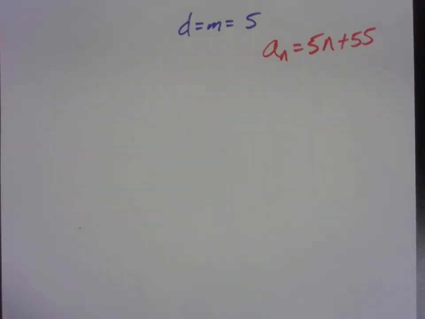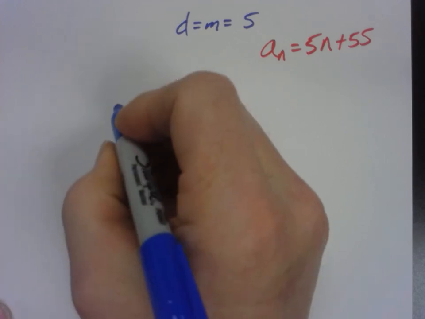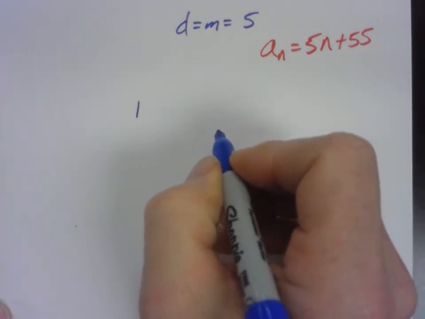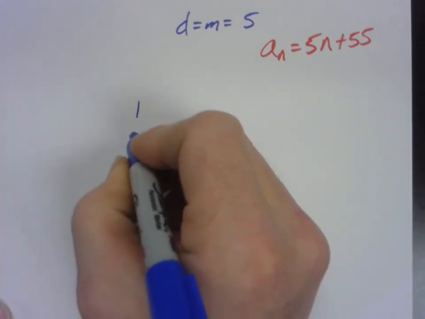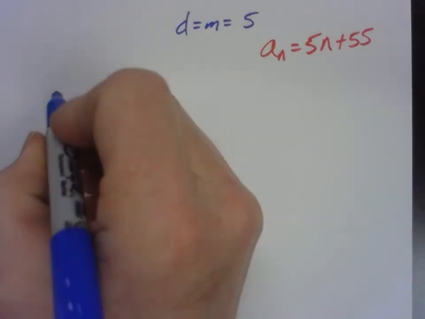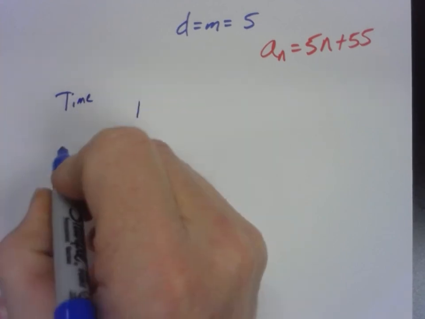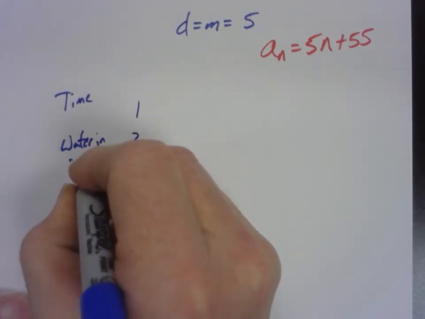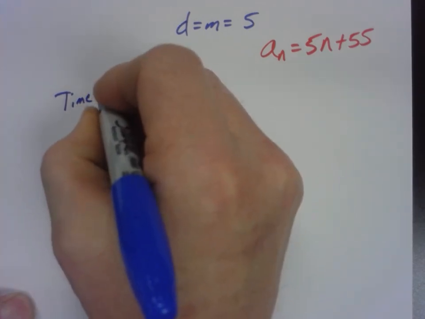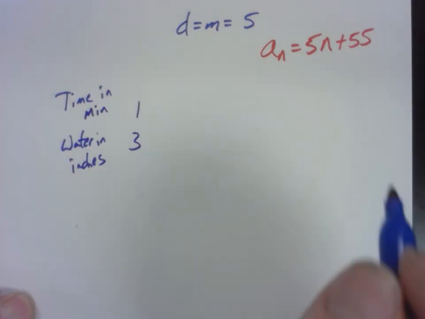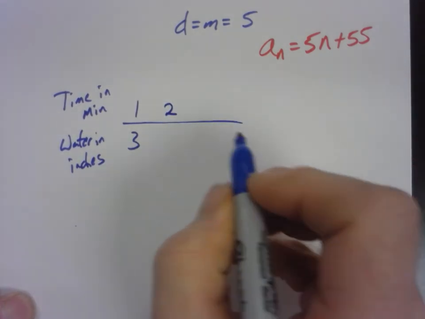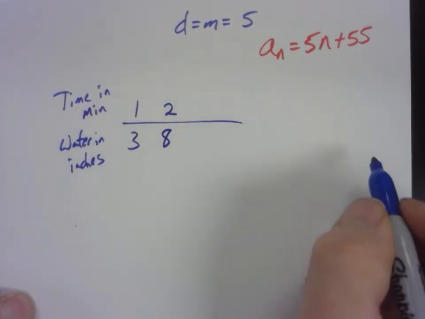So take a look at this one. I'll just do a similar thing. At 1 minute, let's say there's 3 inches of water. This is the time, in minutes, and this is water in inches. Then at 2 minutes, there's 8 inches of water.